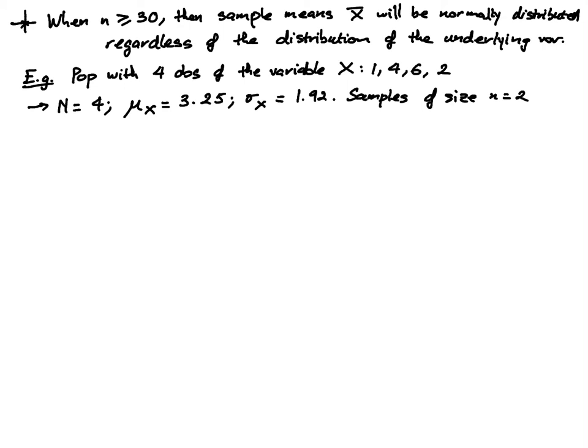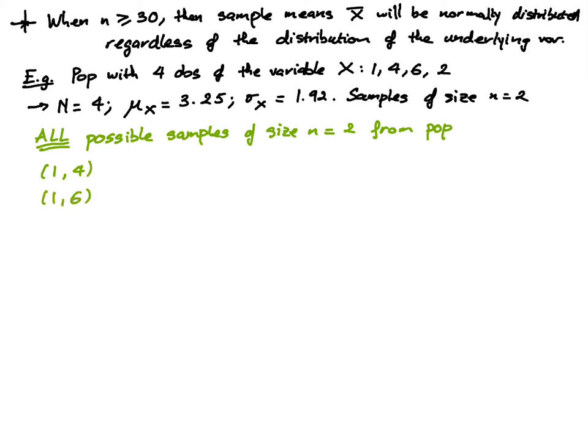Now first off, let's go ahead and list all the possible samples of size 2 taken from this population. Okay? So I'm gonna have 1, 4 as my first sample, 1, 6 as my second sample, 1, 2 as my third sample. Okay?